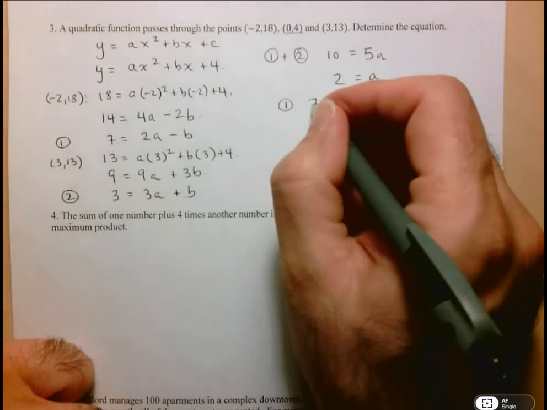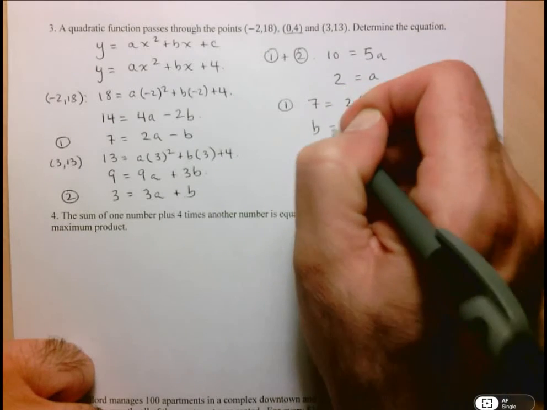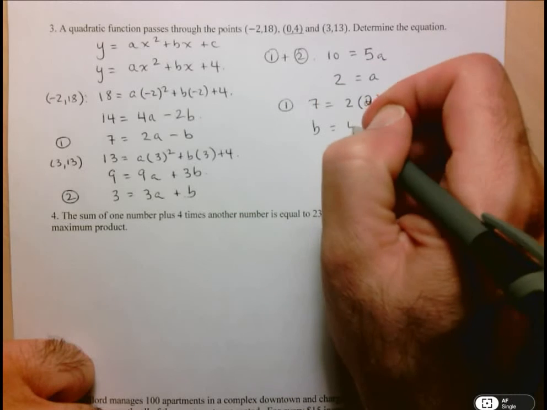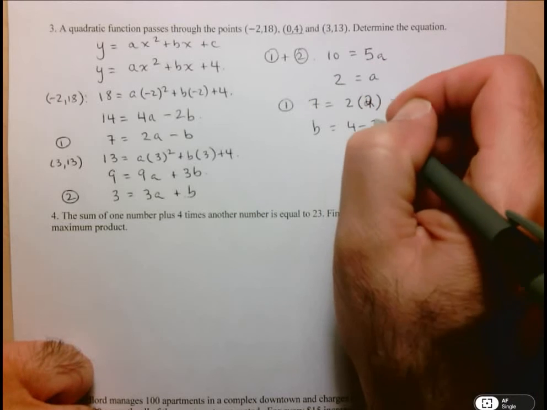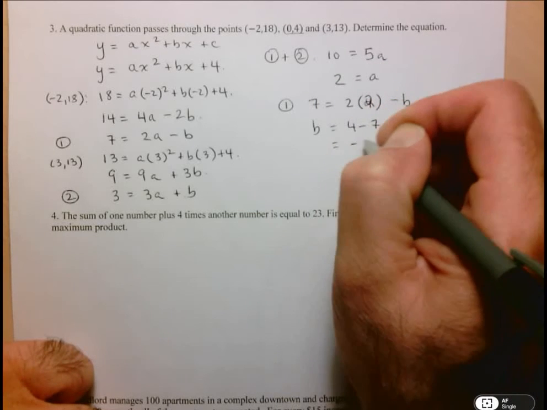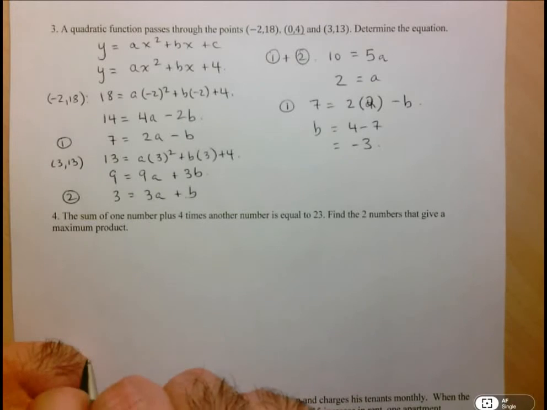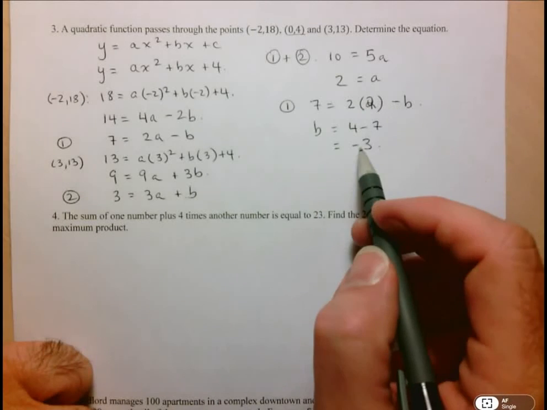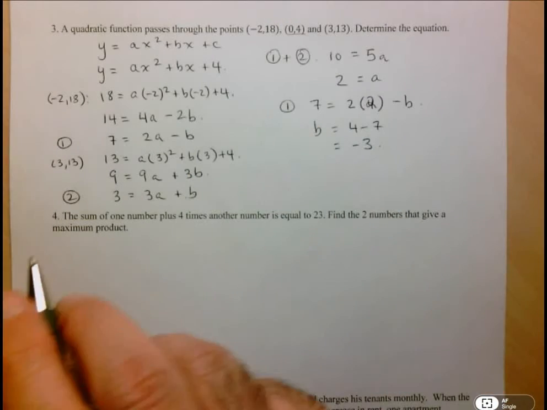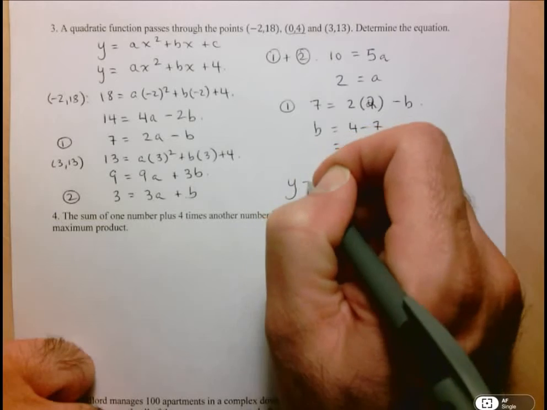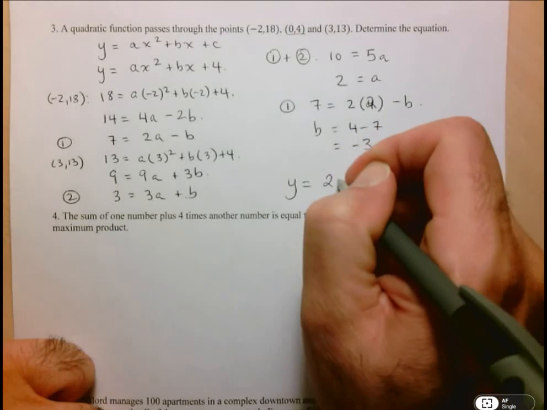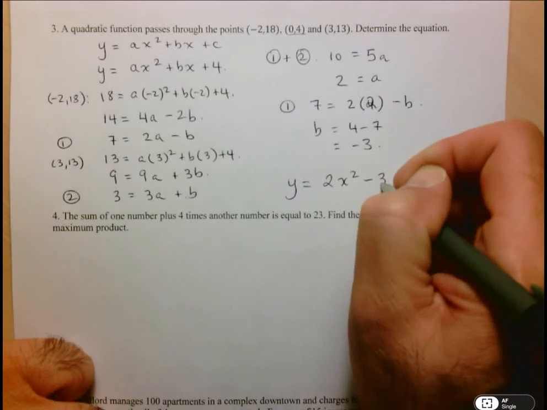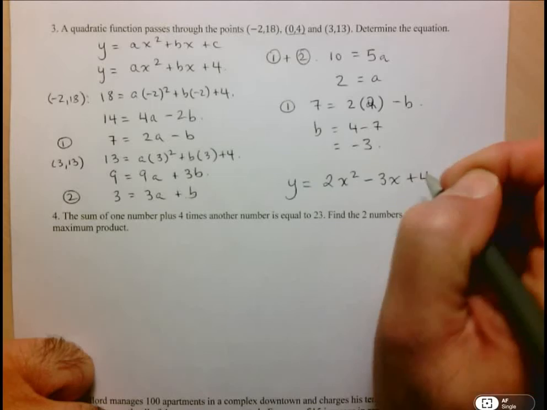I'll bring the minus b to the other side, where it becomes positive b, and take the 7 to this side, so 4 minus 7, which is equal to negative 3. Now I have my a value, my b value, and I already had my c value from before. So the final answer is 2x squared minus 3x plus 4.